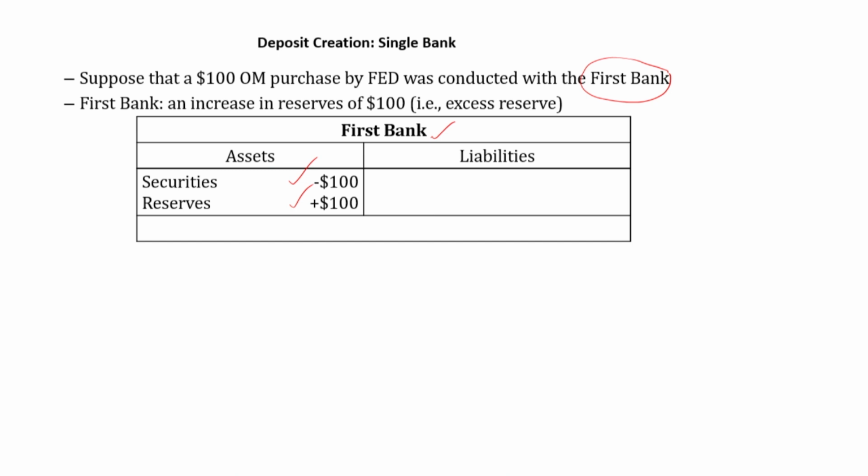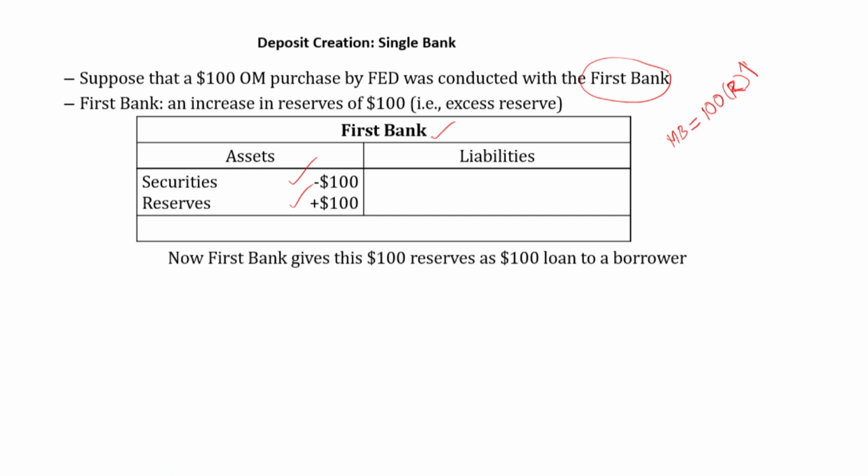So from this example, to make the idea clear, there is an increase in reserves by $100. That means the monetary base has increased by $100. In other words, the reserves have increased by $100.